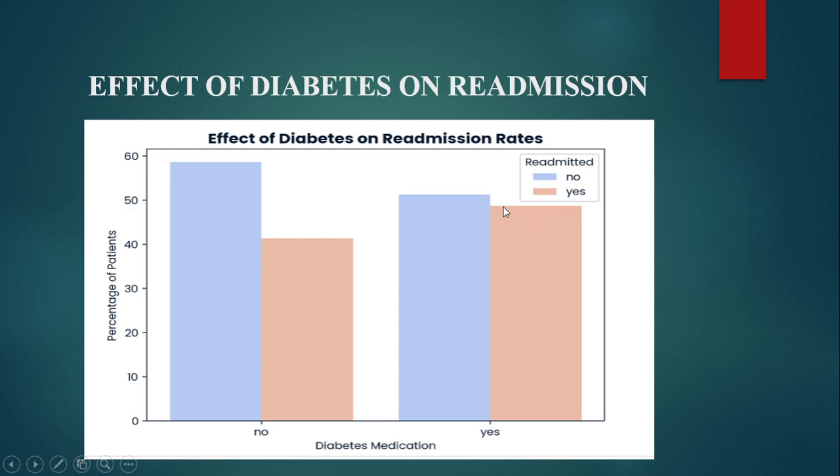This pattern suggests that while medication helps manage diabetes, it may not fully prevent complications leading to readmission, possibly due to comorbidities or late diseases.